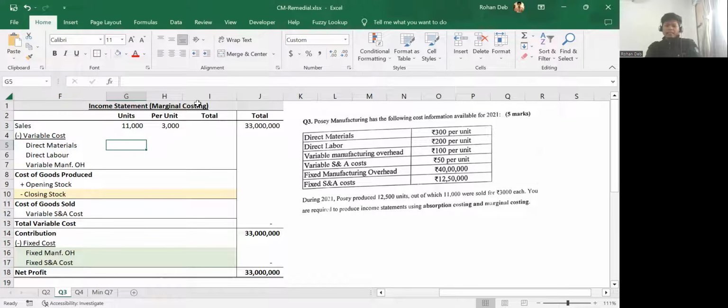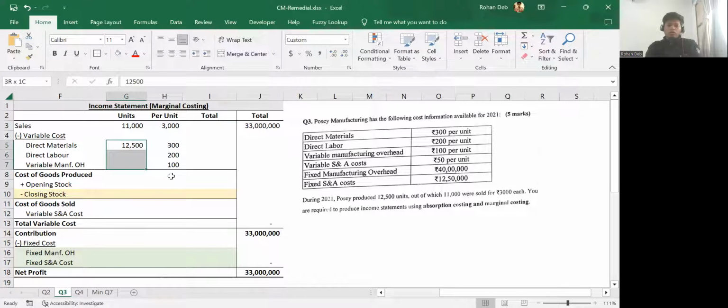Direct material, again, will be incurred on all the material that was produced. So 12,500 units were produced. At what rate? They were produced at the rate of 300. So this is direct material 300. Direct labor was 200. Variable manufacturing overhead was 100 rupees.